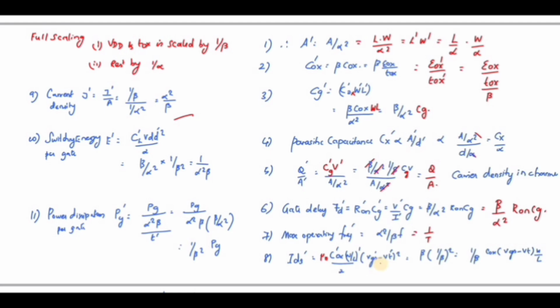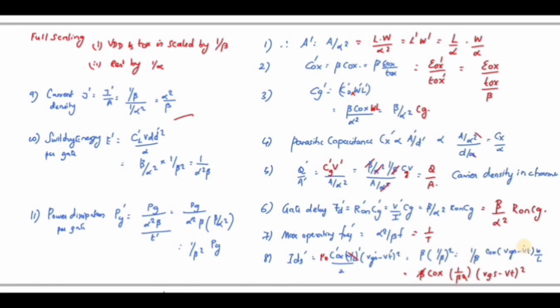The voltage is divided by beta, so instead of voltage I can substitute 1 by beta square into VGS minus VT the whole square.